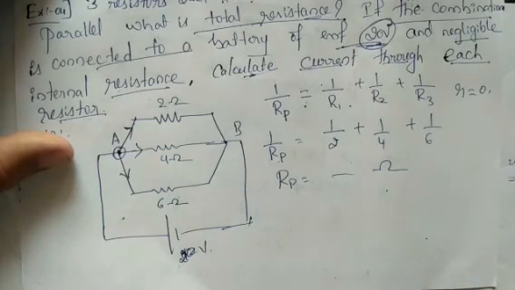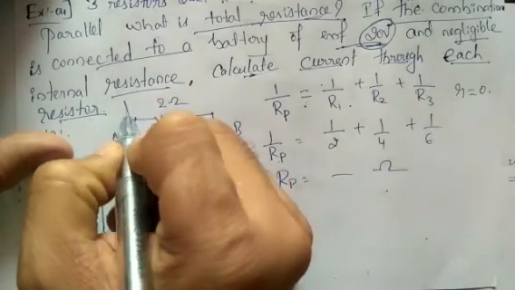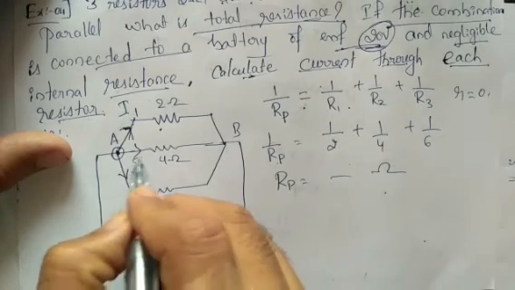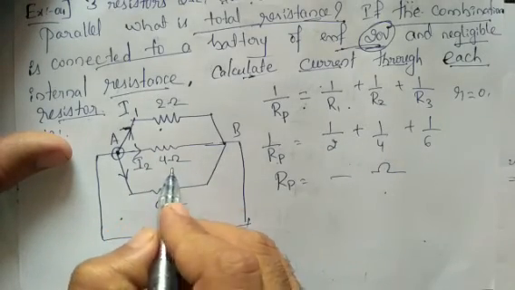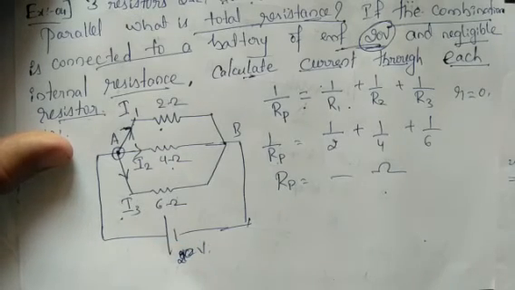The net current is divided like this, so that the current through the first resistor is I1, through the second resistor is I2, and through the third resistor is I3. These values we need to identify.